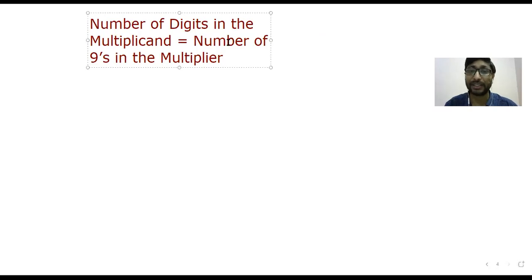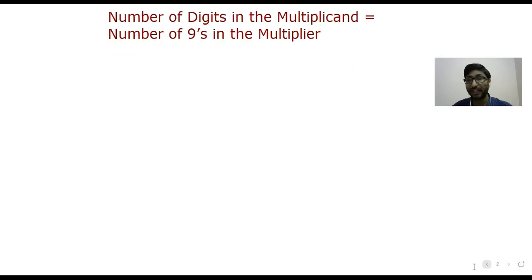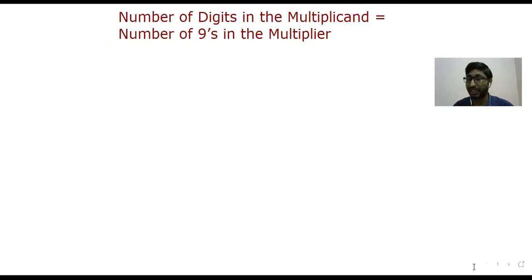I'll give you around 8 to 10 examples so you will be able to understand this logic completely. After this explanation, I'll give you a worksheet as well. You just need to practice the worksheet and you'll understand more about the subject.